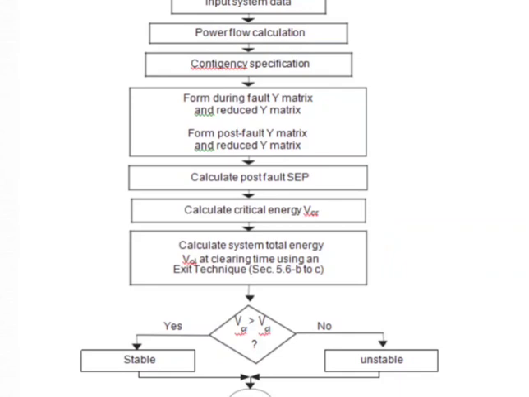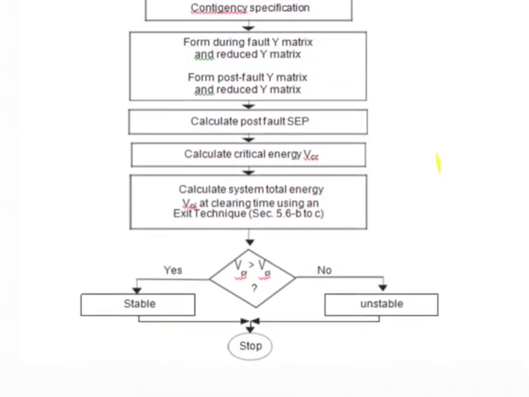After that we calculate the post-fault state estimation. Then we calculate the critical energy, and after that the system total energy. Then we check whether the critical energy is greater than the estimated energy or not. If no, then it is unstable. If yes, it is stable, and we stop.